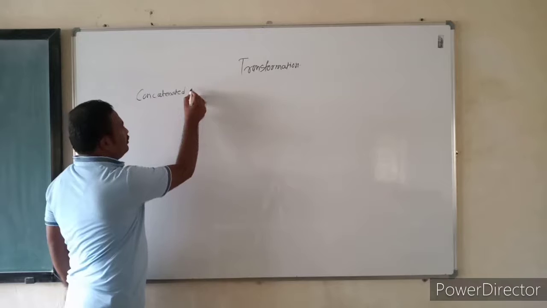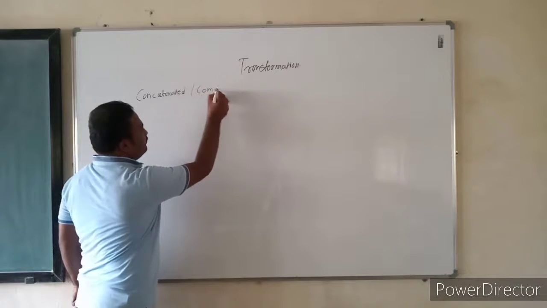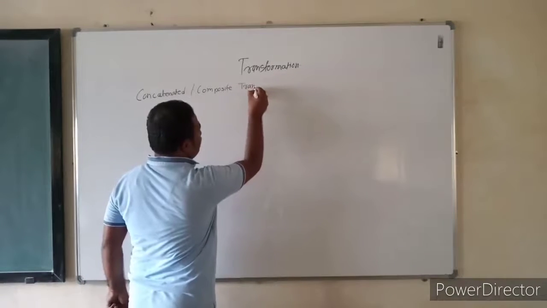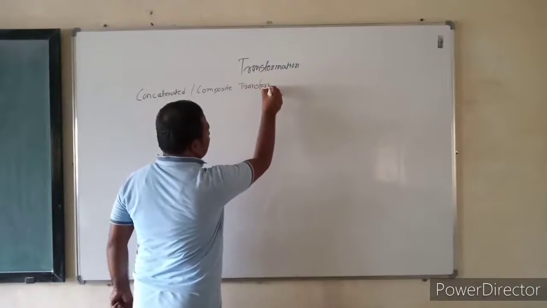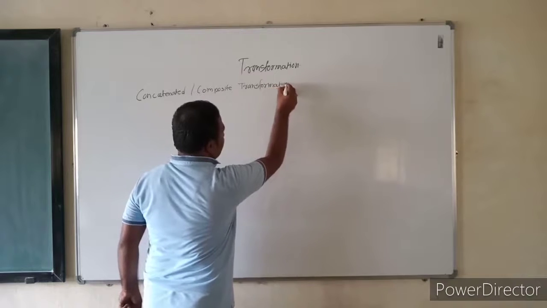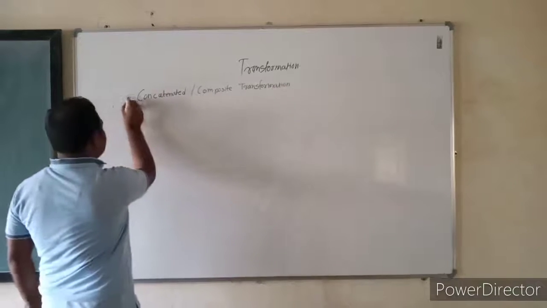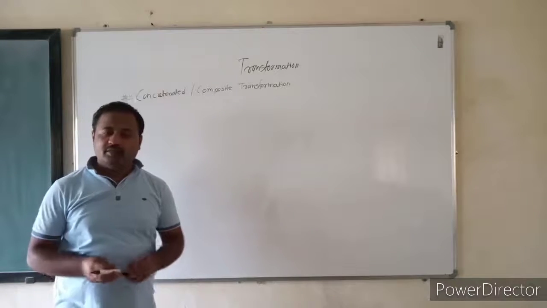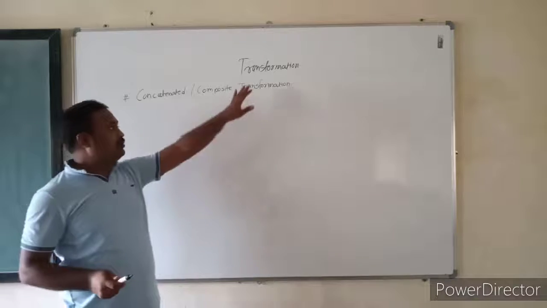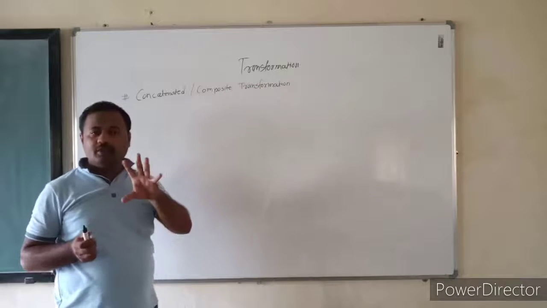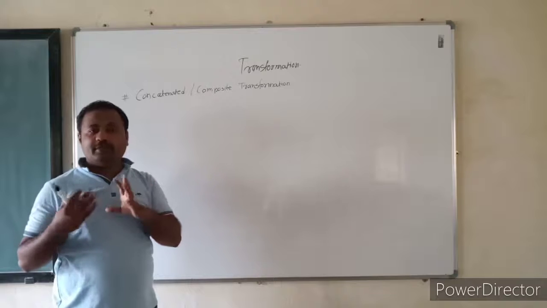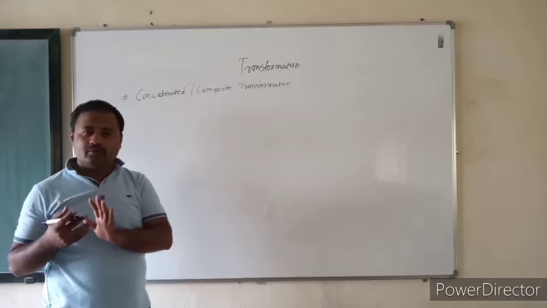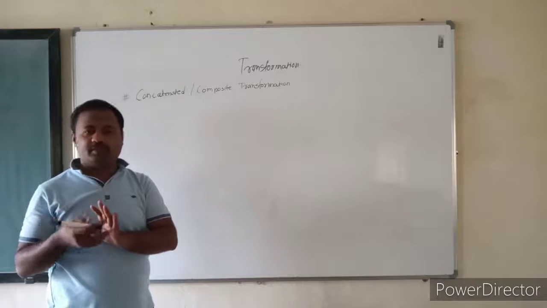Concatenated or composite transformation. Okay. Concatenated or composite transformation means you can transform one model with multiple transformations, that is, two or more transformations.